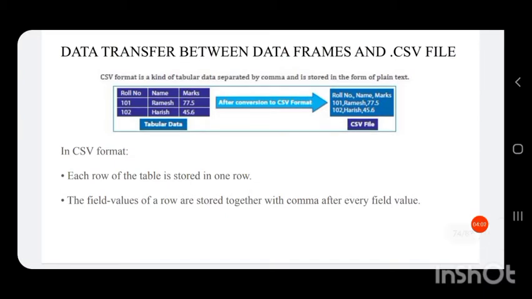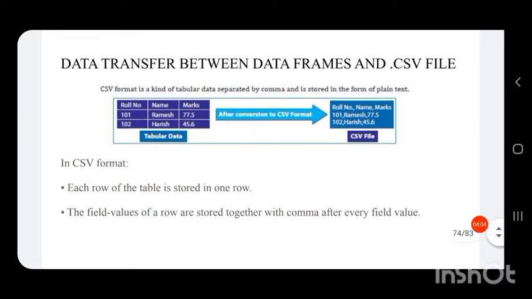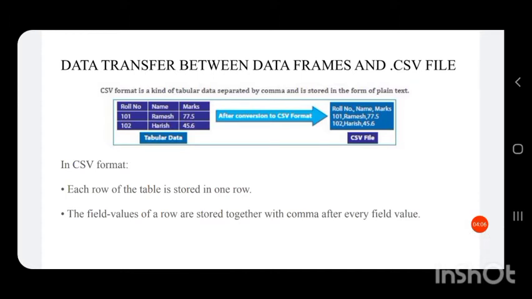So in CSV file format, each row of the table is stored in one row. First row, first line of the CSV file. Then the field values of the row are stored together with a comma after every field value.